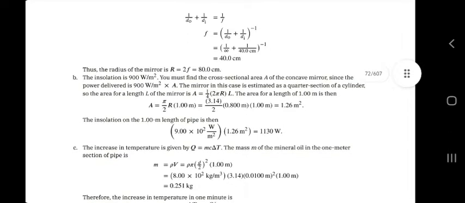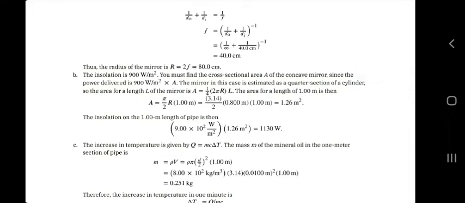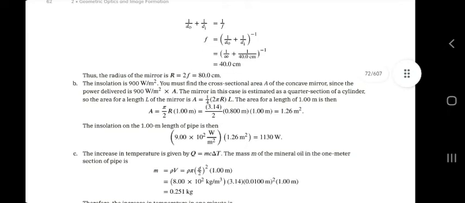So the area of the mirror is A equals 1/4 times 2 pi r times L. The area for a length of 1 meter is then A equals pi over 2 times r times 1 meter, where pi is the constant value 3.14.